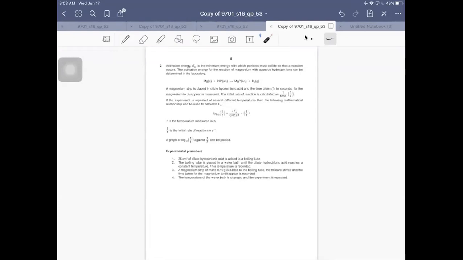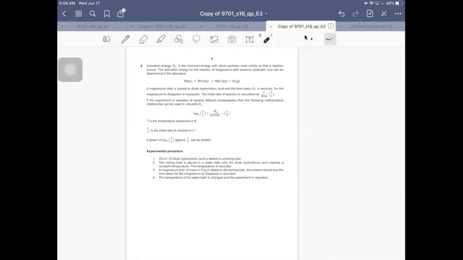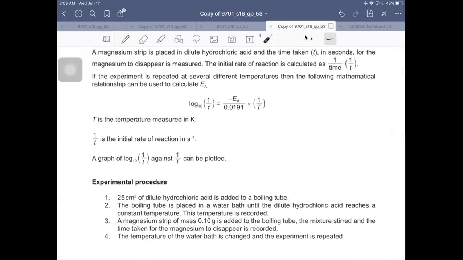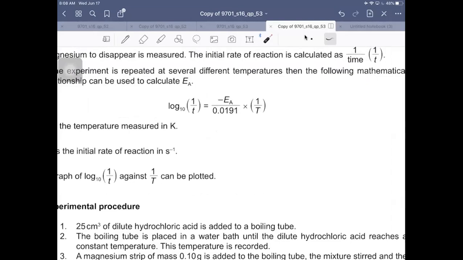If you look at the expression, log 1 over t is your y-axis, and 1 over capital T is your x-axis. Okay, so if you look at the expression in terms of y = mx + c, can you see that log 1 over t is your y-axis, 1 over capital T is your x-axis.